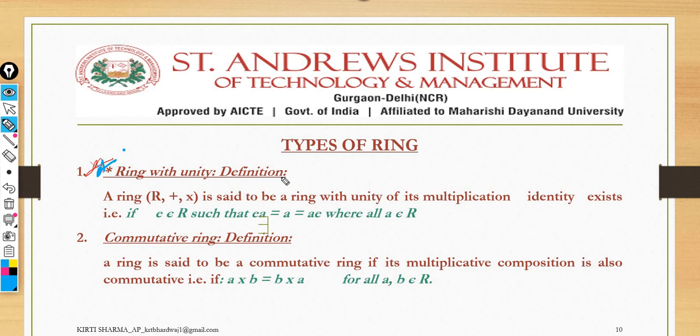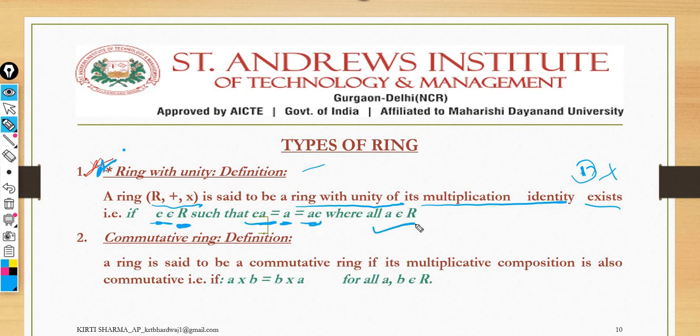Ring with unity. What does ring with unity mean? I already told you, unity means 1. 1 is the identity element in the case of multiplication only. So if R is a ring with two binary operations, it is said to be a ring with unity if its multiplicative identity exists, that is, E is the identity element that belongs to R such that EA equals AE.